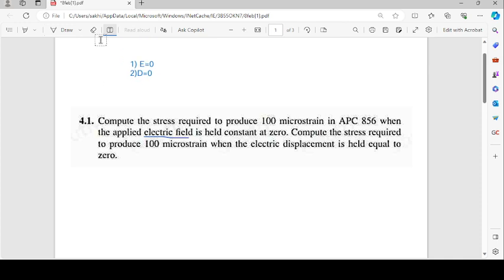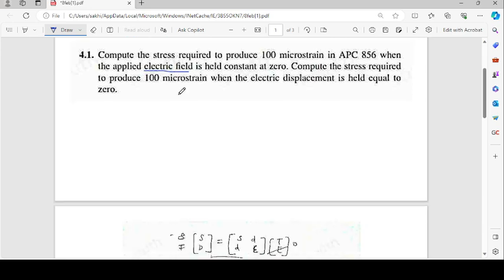So first we have to know what this condition is and what that condition is, and what the strain and stress relationship is when these two conditions happen, right? So let's see the conditions.